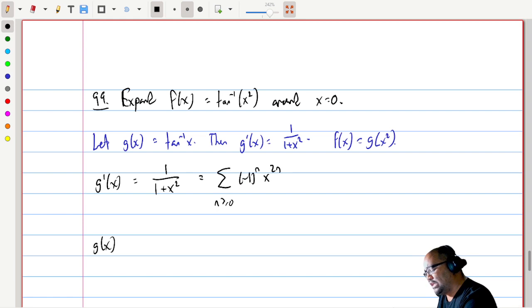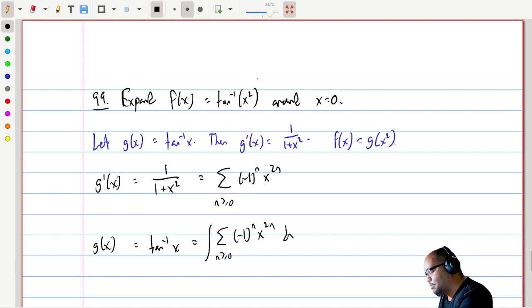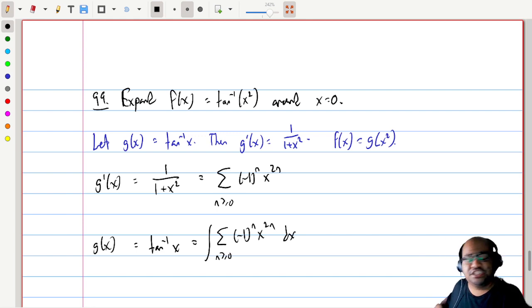Now g of x, we get g by integrating. And we're going to use a theorem here again that says that I can exchange integral and sum. And so we're just exchanging the sum and the integral.